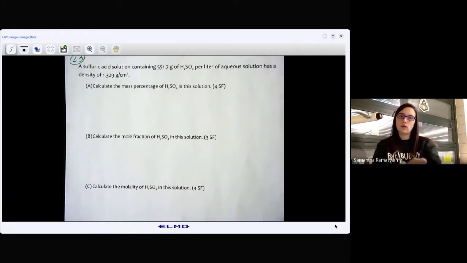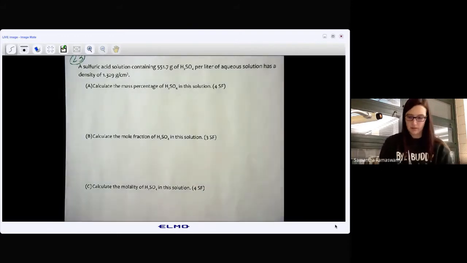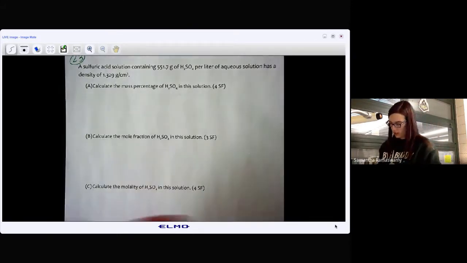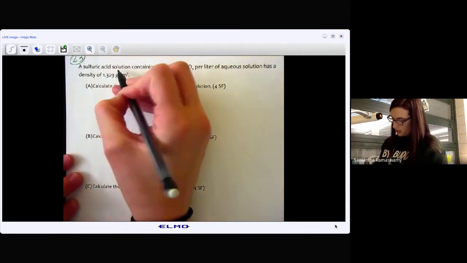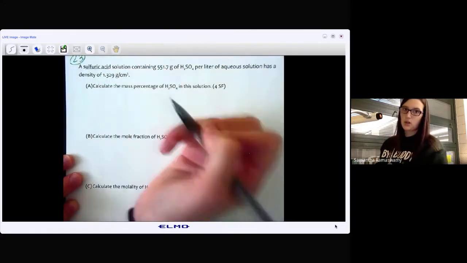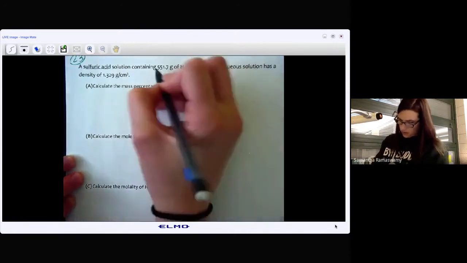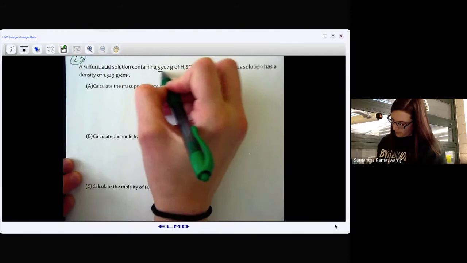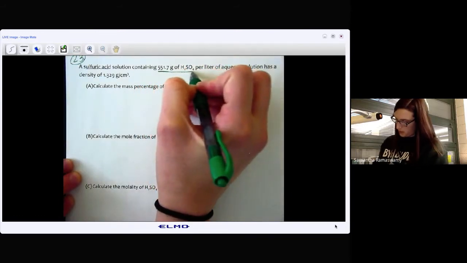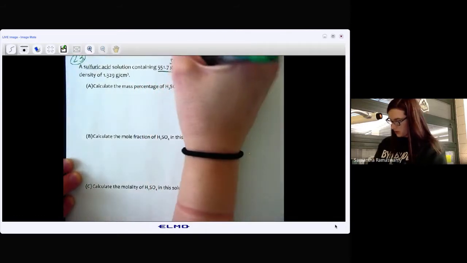Okay, so I'm going to work through this information that was given to me first before I worry about doing any calculations. So a sulfuric acid solution, that's telling me that sulfuric acid is the solute. So I'll use a different color here. 551.7 grams of H2SO4, there's my solute.